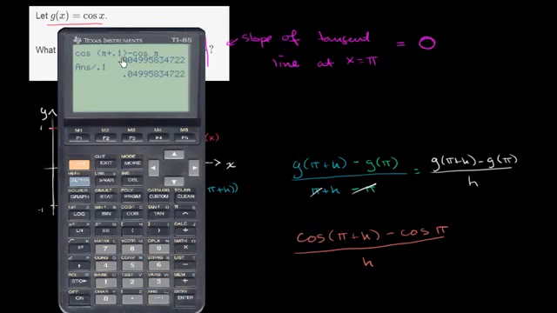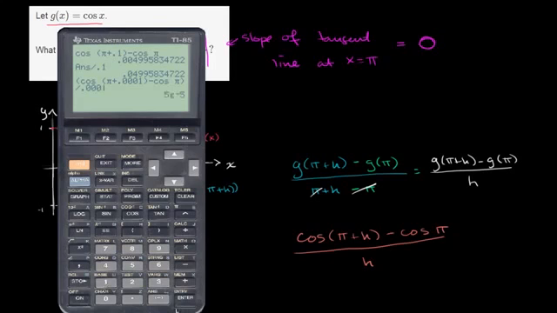Now let me make h even smaller. And I'll actually do it in one expression this time. So cosine of pi plus 0.0001, so 1/10,000th more than pi, minus cosine of pi, and now we are going to divide by this h, 0.0001.